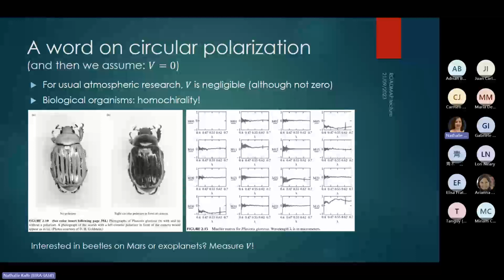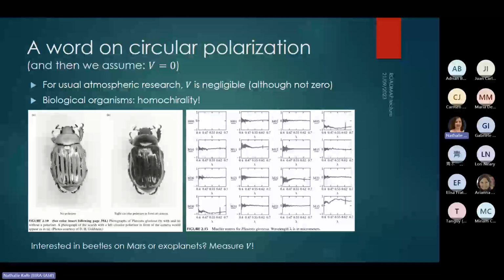So multiply this with incoming unpolarized light, 1, 0, 0, 0. The outgoing V component becomes negative, yes? It's a function of wavelength, of course, but it becomes negative, which means that the beetle reflects almost entirely in left-hand circular polarization. Now, why is it?